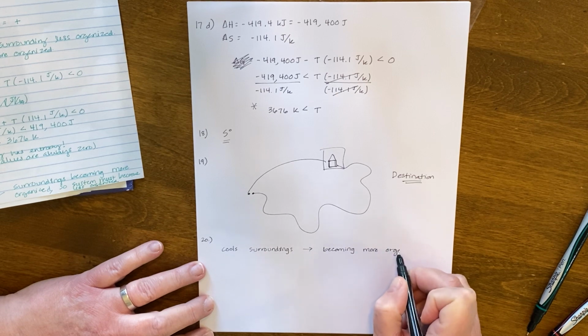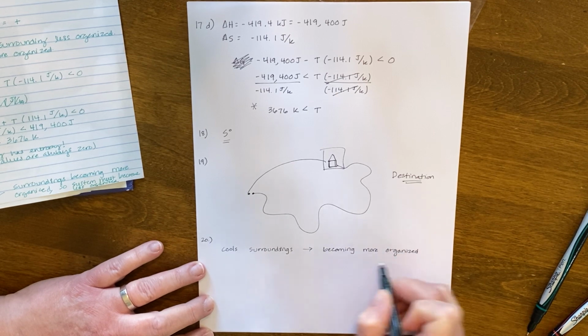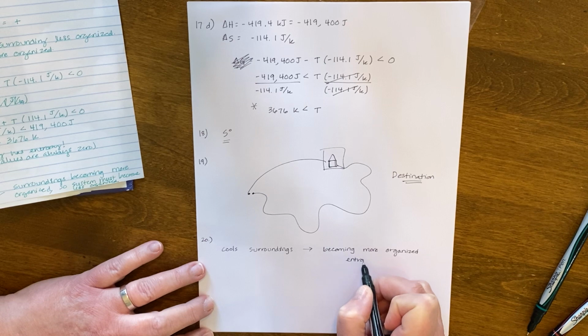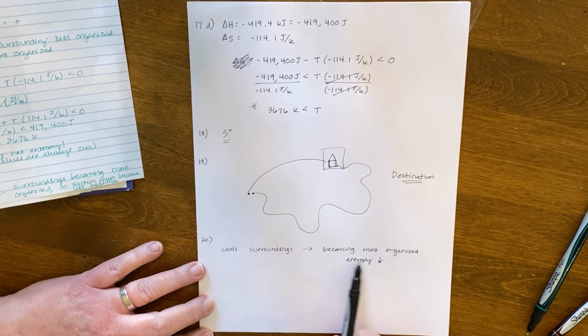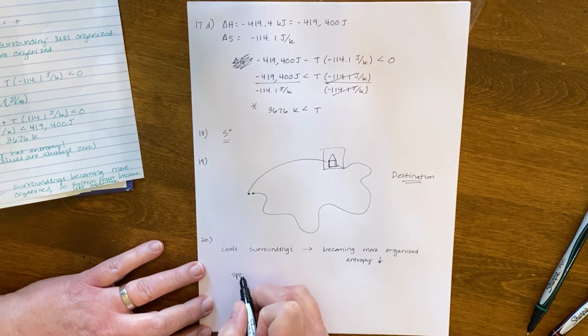Okay, so the entropy is actually decreasing because entropy is disorganization. So the disorganization is decreasing. The surroundings are becoming more organized, but it tells us at the same time it's also spontaneous.